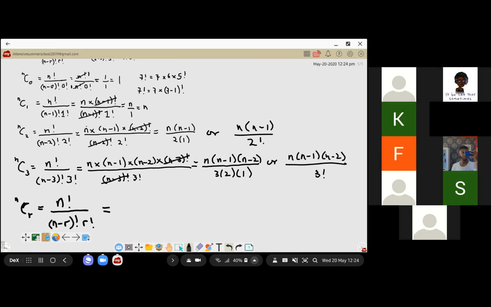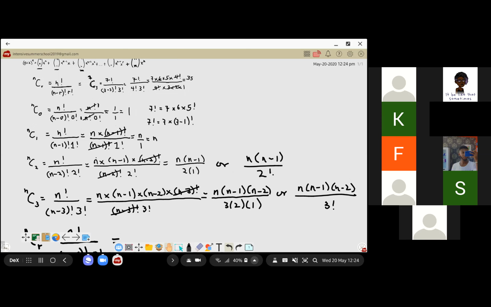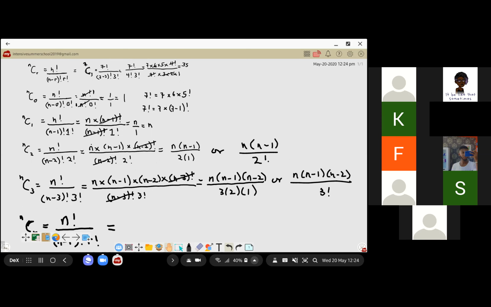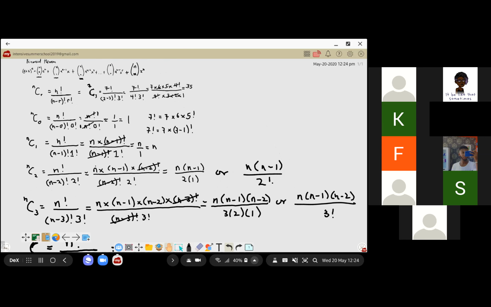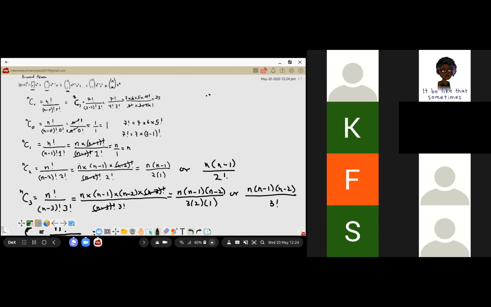Okay. Remember that I was saying that n combination 0. Are you there? Yes, please. n combination 0 is how many ways can we write, let's say, if I'm having a plus b all raised to the power 5, n combination 0 is how many ways can I write a raised to the power 5 and there's no b, right? Yes.